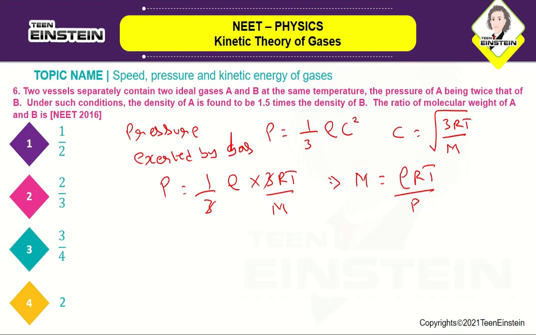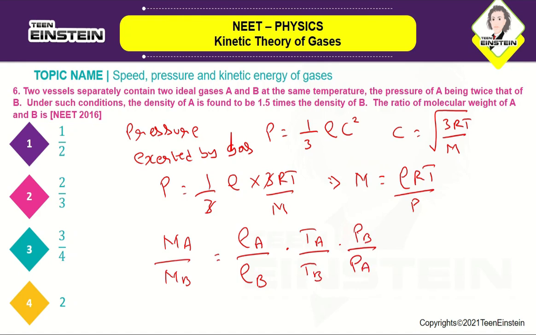Since M is directly proportional to rho, you can take MA by MB will become rho A by rho B, since rho is directly proportional to M, and then TA by TB, since temperature is also directly proportional, but PB by PA, because the pressure is inversely proportional to that.